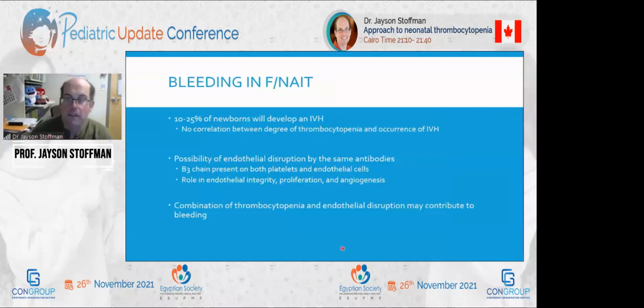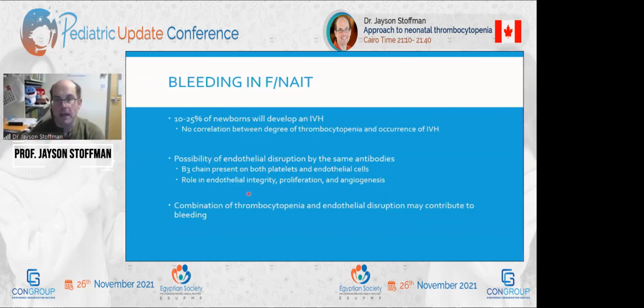Well, the question is, what's the risk to the babies? So, we know anywhere between 10 to 25% of newborns with neonatal alloimmune thrombocytopenia will develop intraventricular hemorrhage. Once again, there's no correlation between the degree of thrombocytopenia and the risk of IVH. Some interesting information coming out now says it may be a combined effect. It may not just be that the antibodies are destroying the platelets.